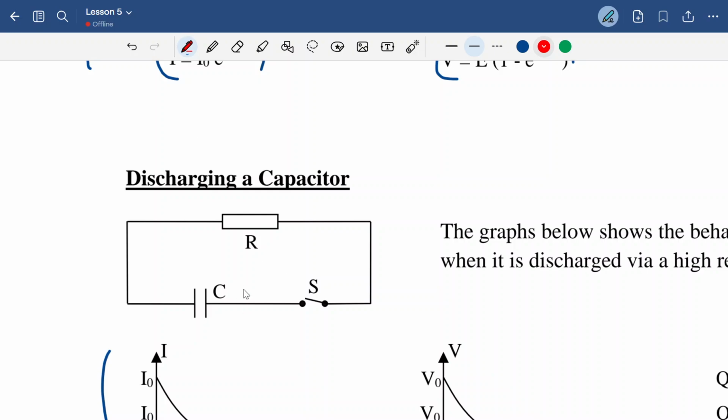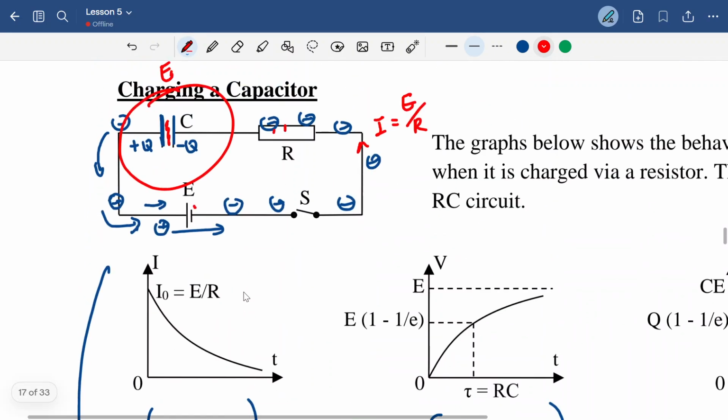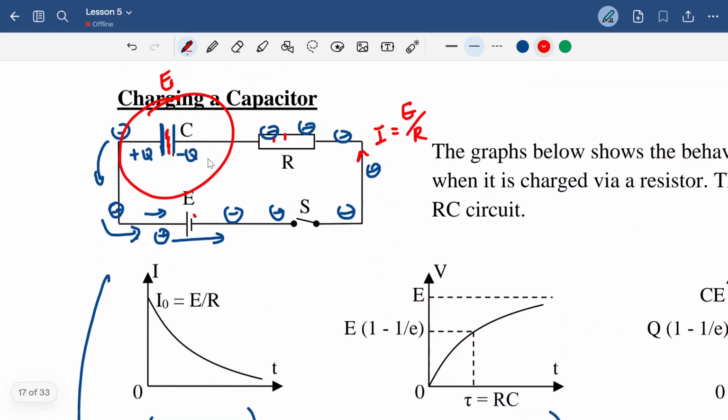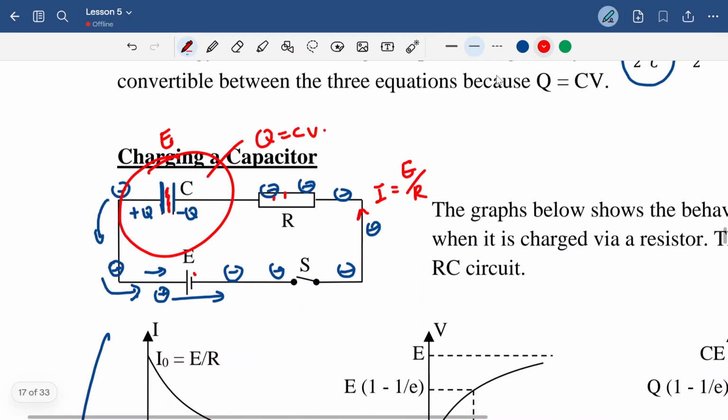This is a discharging capacitor. They cancel out because when there is plus Q and negative Q, there is also a voltage because Q equals CV. So it becomes such that your capacitor looks like this and then like this. So in a way, they cancel each other.